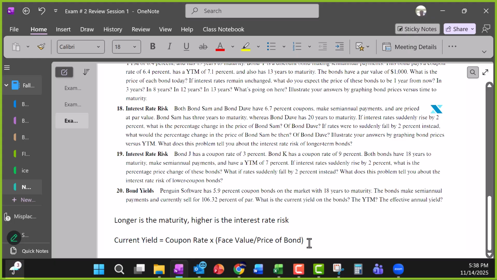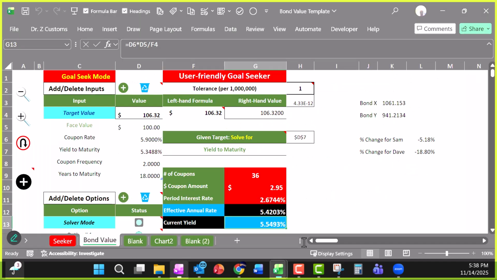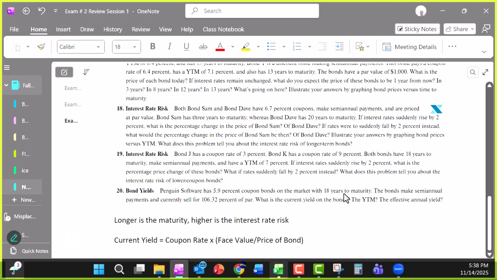This is kind of similar to the dividend yield for stocks. And our template automatically calculates it for you. It also asks for the effective annual yield.